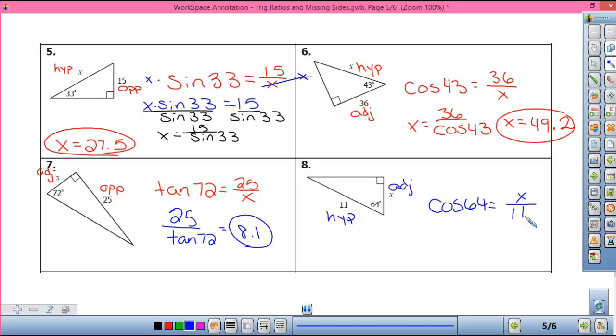Okay, so now that x is on top, what do I have to do? Yeah, now we're multiplying. So 11 times cosine of 64 gives me 4.8. Okay, not bad, right?